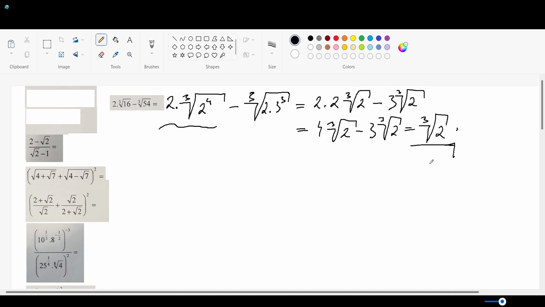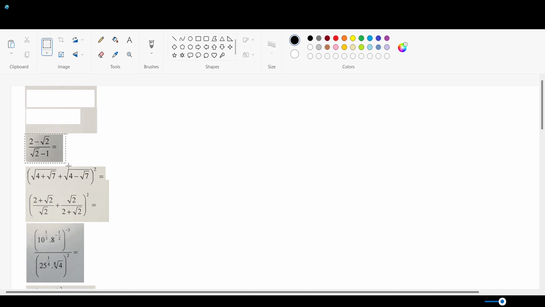Okay, the next exercise, as we are not going to use this anymore, we will delete, and let's have a look at the third exercise, which is this one. Here basically we want to get rid of the square root of 2 from the denominator, so we have to rationalize the whole expression or fraction.